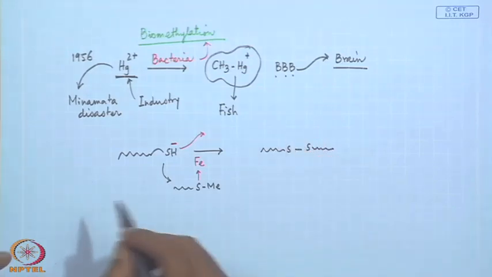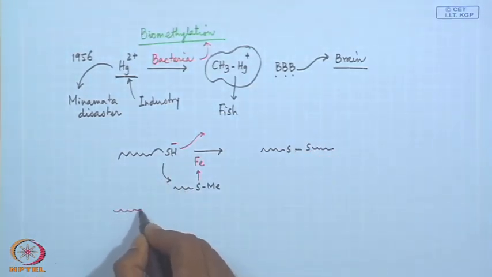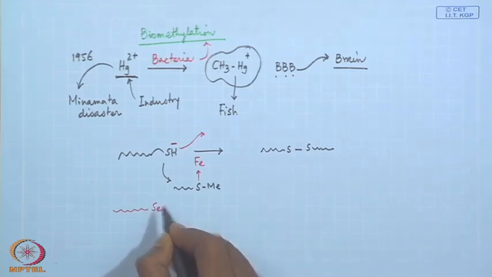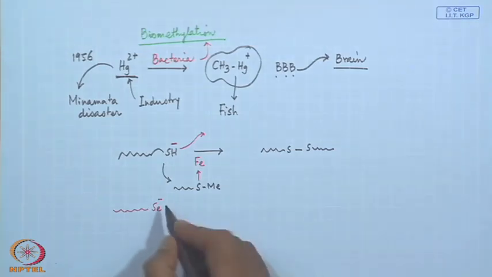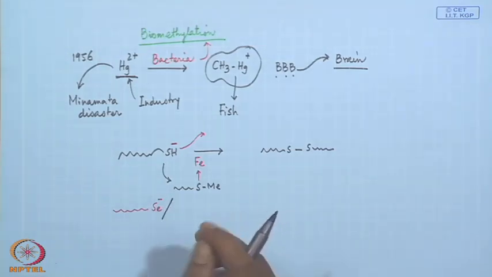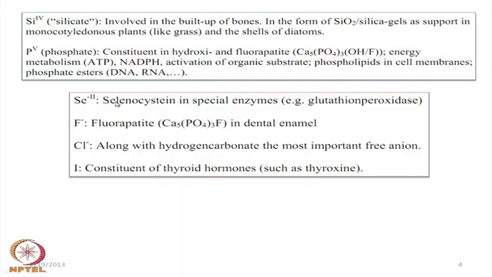So, when we substitute this particular end by a selenium unit, that is the corresponding selenocysteine unit, and that selenocysteine unit also gives rise to some important reactions in the biological system. So, it is a special enzyme when the cysteine is substituted by selenium, such as glutathione peroxidase.